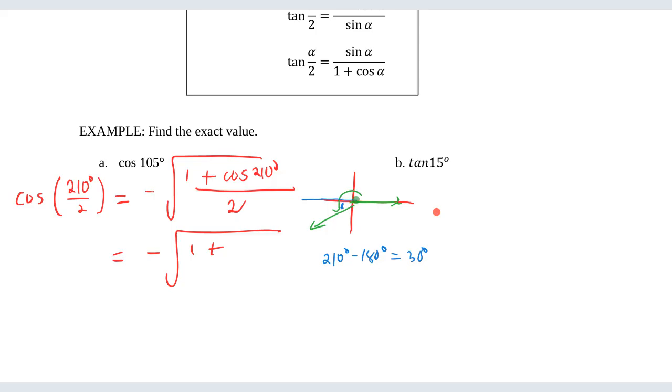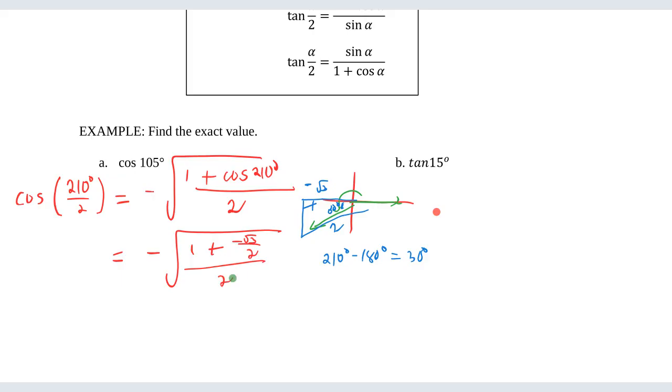So there is a special right triangle wherein there is 30 degrees. We know the adjacent side with 30 degrees is radical 3, and since this is in quadrant 2, this is a negative radical 3 if our hypotenuse is 2.